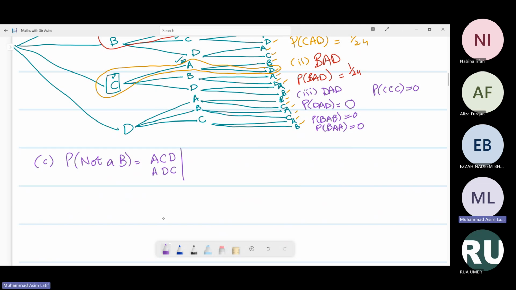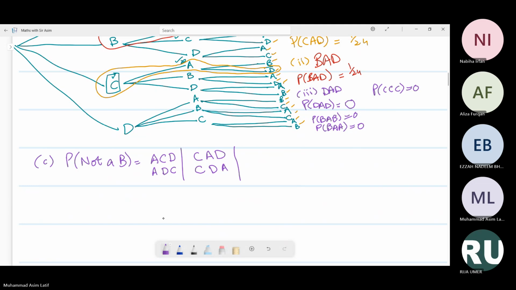Okay, then if it was not an A at the first place, rather it was a C at the first place. Now he has got two possibilities, either A on the second and D on the third, or D on the second and A on the third place with C at the first place.